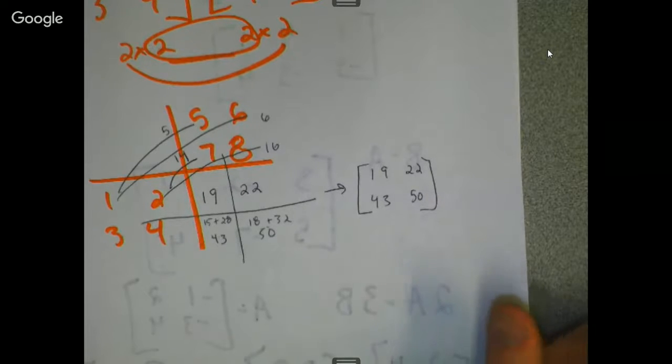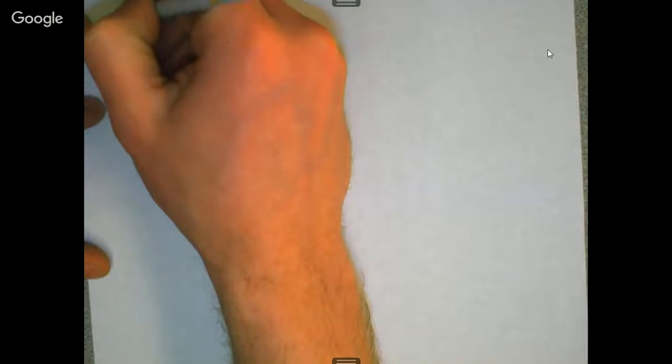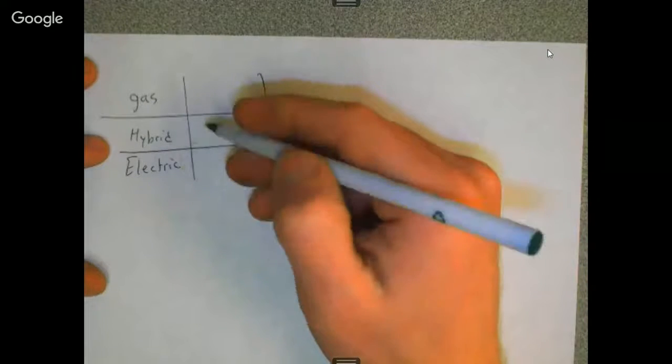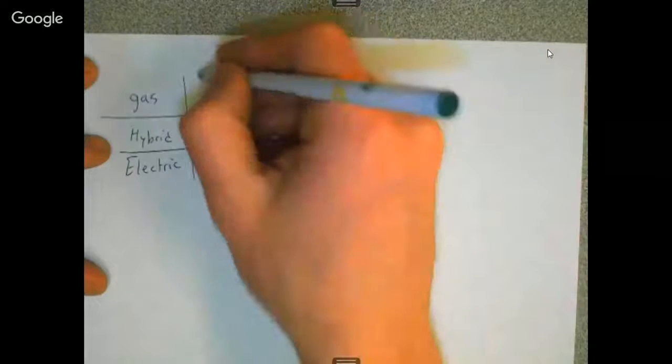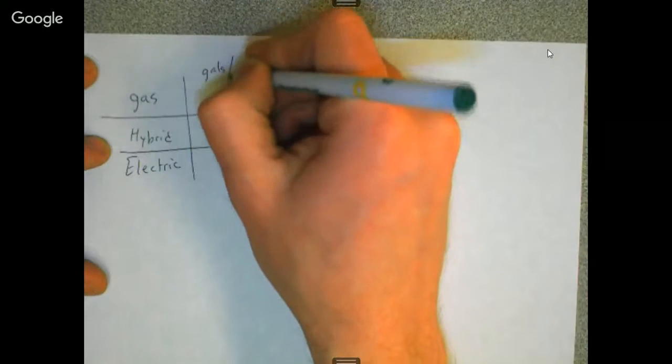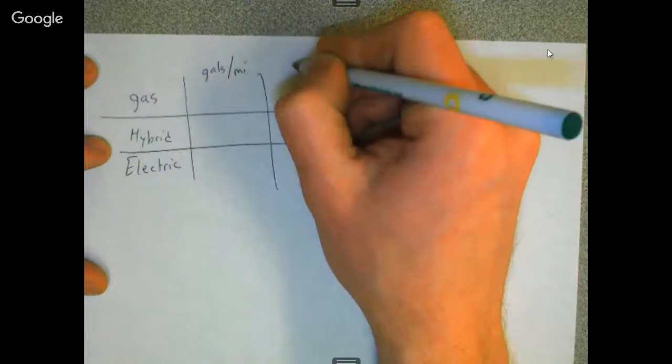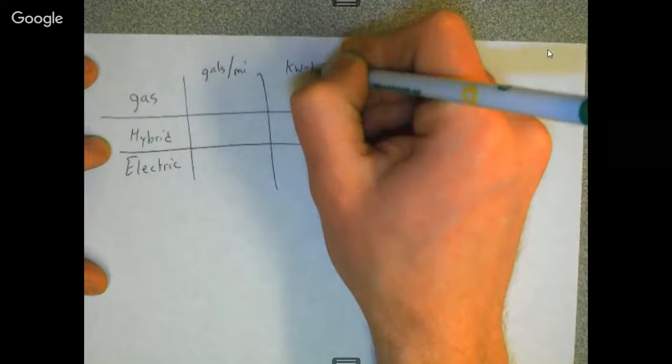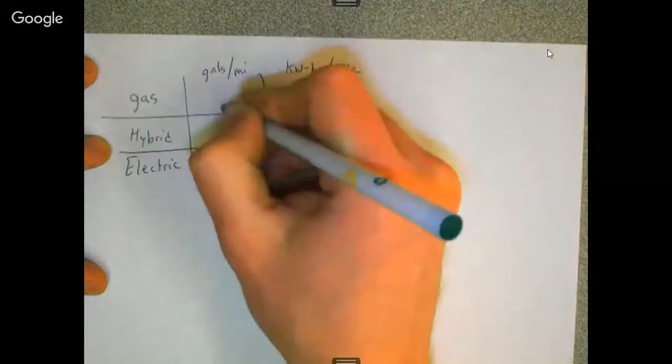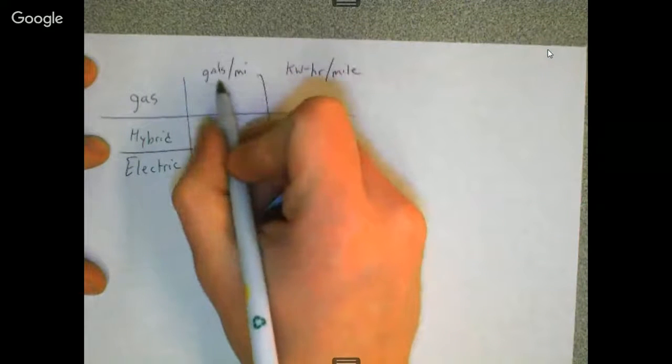So multiplying matrices is really nice for some word problems. So if we're given this table here, we're comparing 3 different types of cars. So this is number of gallons per mile.